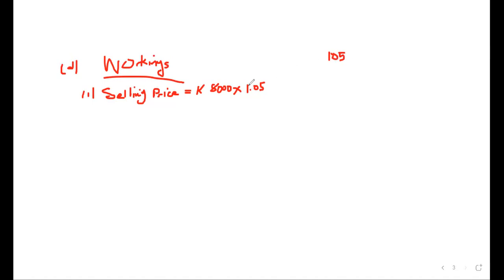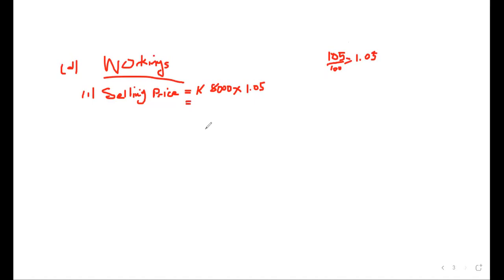To convert into an inflating factor, we simply divide by 100. When you divide 105 by 100, the answer is 1.05. This is how we can inflate figures given a percentage.